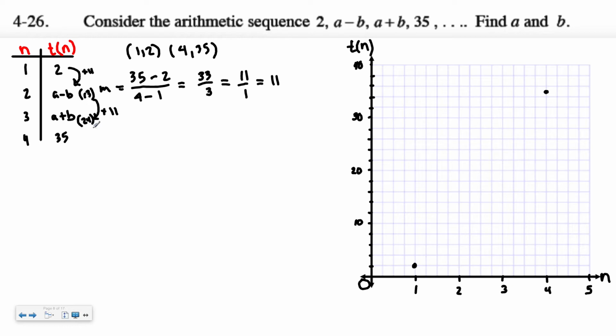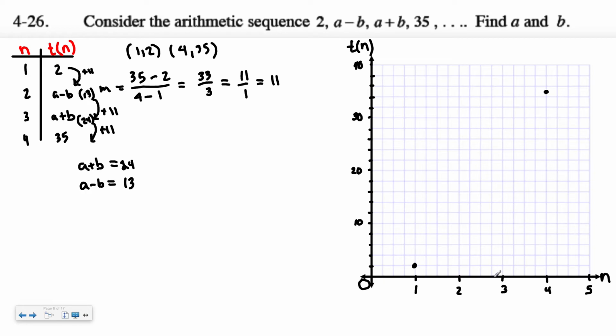So our a plus b should end up equaling 24. And just to make sure this all works out, if I add 11 to my 24, I should end up with 35. So right now I know that my value of a plus b should equal 24, and my value of a minus b should equal 13.